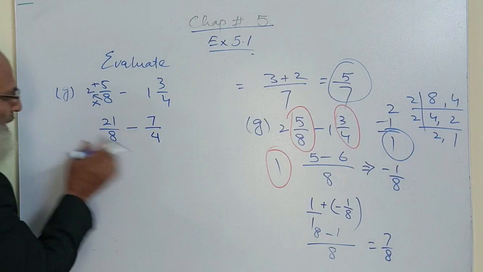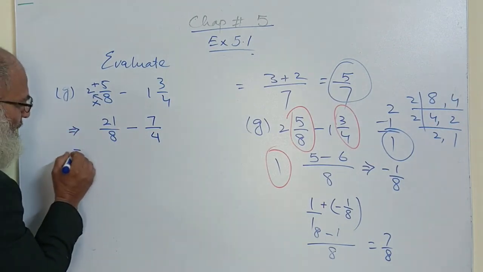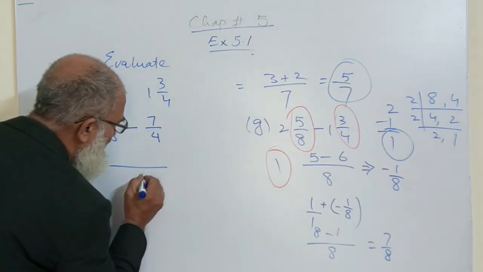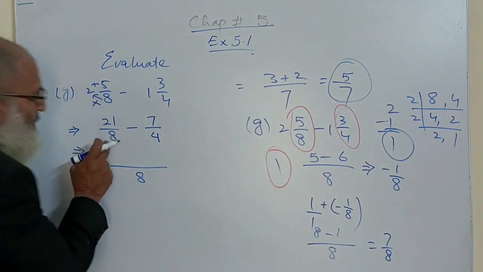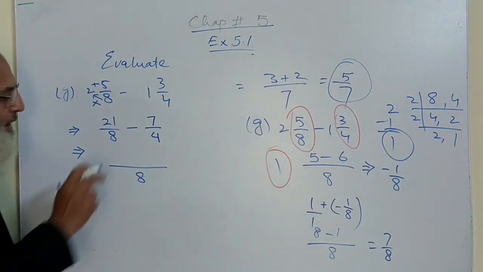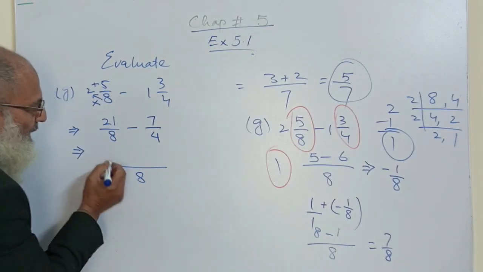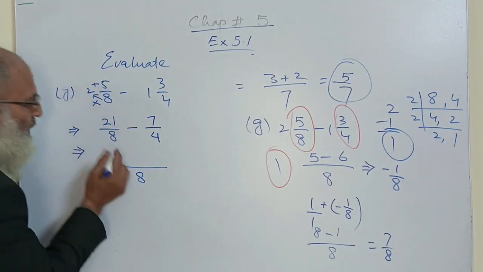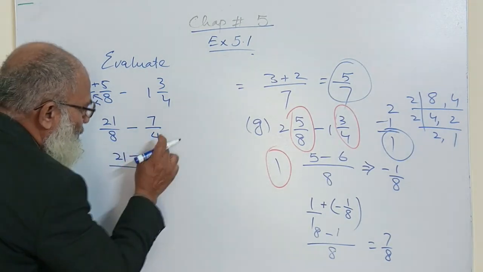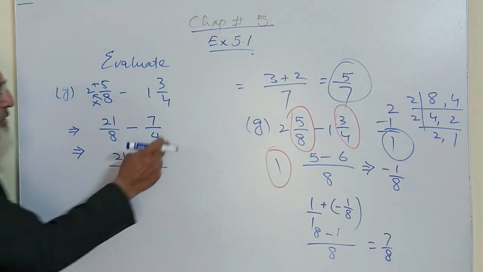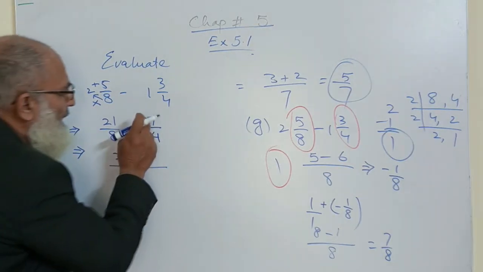Now again, the LCM is 8, as we have found here. So 8 times 1 is 8, and 1 times 21 is 21, and 4 times 2 is 8, 2 times 7 is 14.